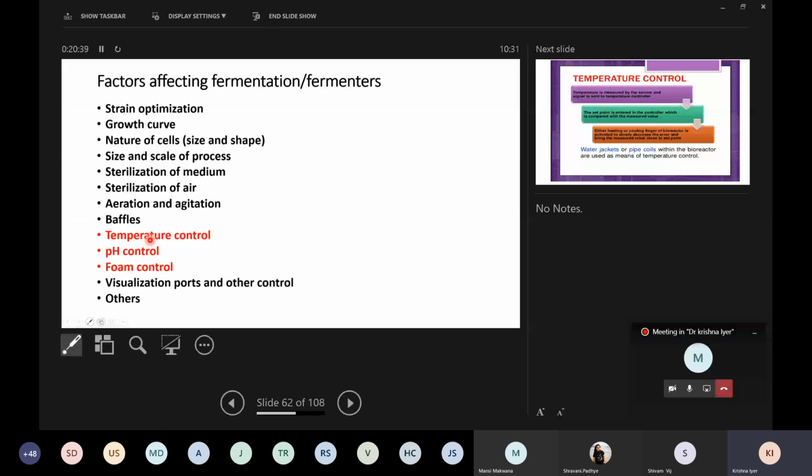The third thing that also affects fermentation is the fact that a lot of the media that you use for fermentation is rich in protein. When you are doing aeration and agitation, the medium starts to foam because of the protein which is present. If you do not control the foam, it will get into every nook and cranny of the fermenter, and it will get there along with the medium, which is rich in sugars and protein.